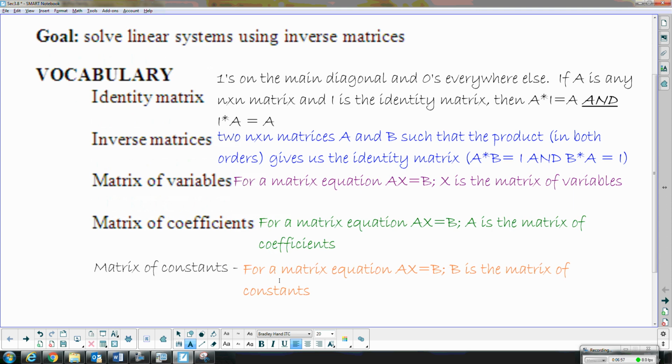Okay, so we'll do a couple examples, but this is for linear systems.